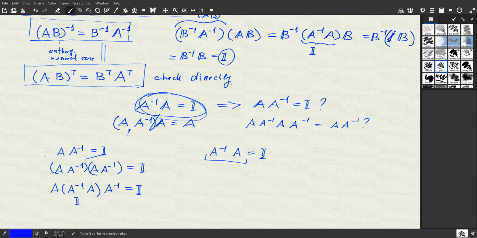And we already know this formula: A times B inverted equals B inverted, A inverted.